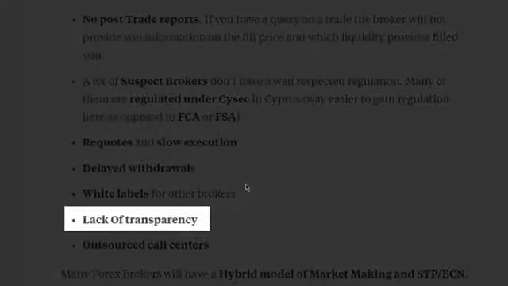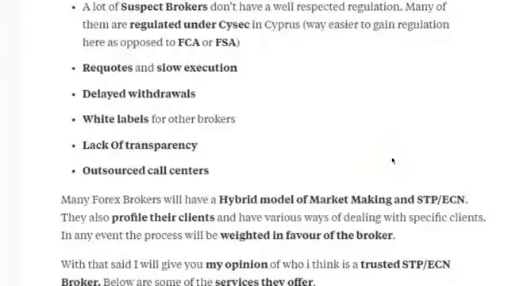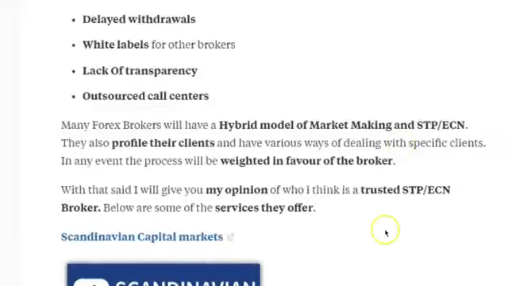So there's a huge lack of transparency and trust, and you'll often find that they do not have an in-house call center. It's normally farmed out to another organization, maybe overseas, sitting in India, wherever. So it's a lot cheaper for them to do that.